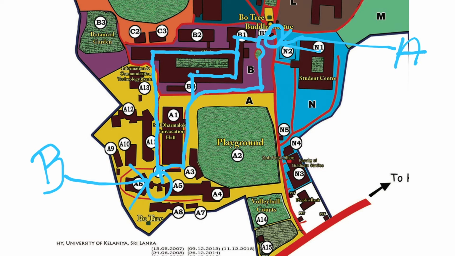Instead of taking the left turn from the Department of Zoology, you can guide him towards the 212 lecture hall, and then ask your guest to take the right turn and join the similar path that we have discussed previously, going through the ICT center and going to the Department of Statistics and Computer Science. So these are the 4 possible paths that you can guide your guest from the science main entrance to the Department of Statistics and Computer Science.